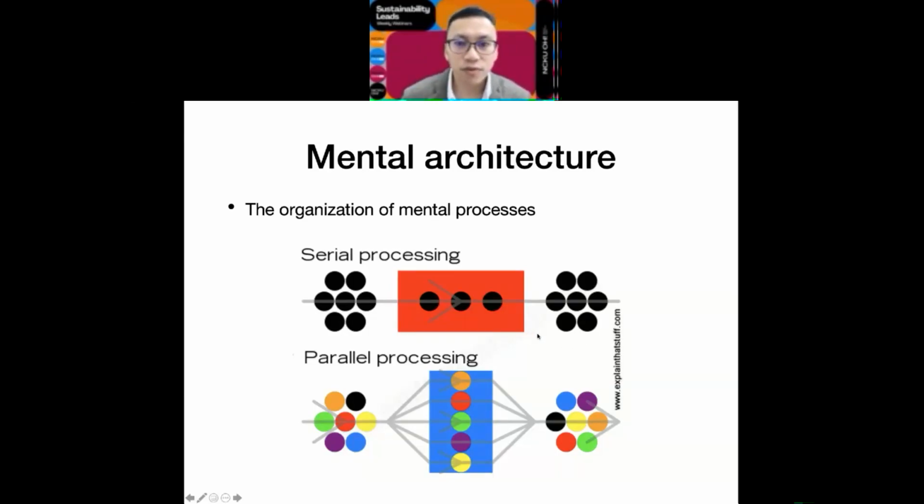The first is serial processing, which means you can only process one signal at a time, without any time overlap between sub-processes. In contrast, parallel processing means you can process all the signals at the same time, simultaneously. These are the differences between these two types of mental architecture.